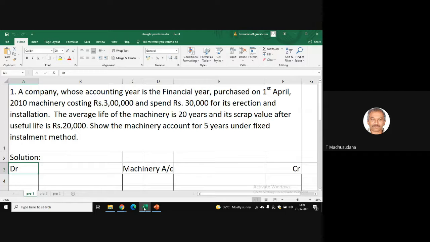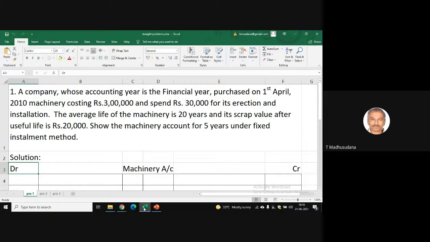The average life of the machinery is 20 years and its scrap value after useful life is rupees 20,000. Show the machinery account for the 5 years under fixed installment method. Okay, please all of you write down this problem.